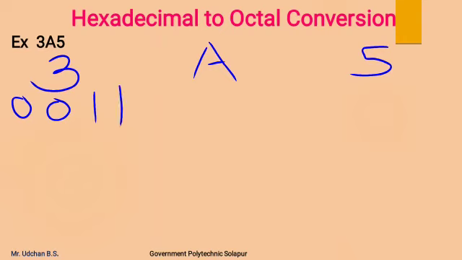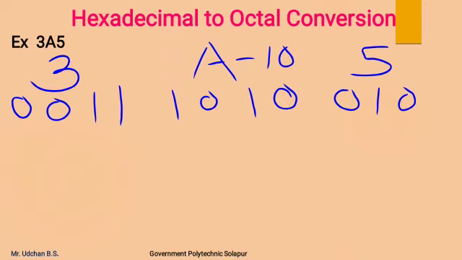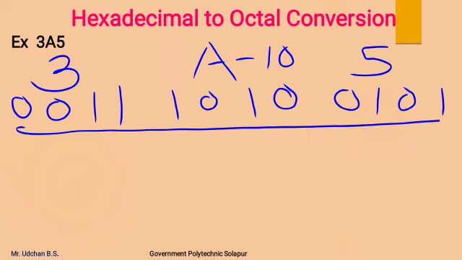For A, that is 10, the equivalent binary number will be 1, 0, 1, 0. And for 5, the equivalent binary number will be 0, 1, 0, 1. Now this is the equivalent binary number for 3A5.